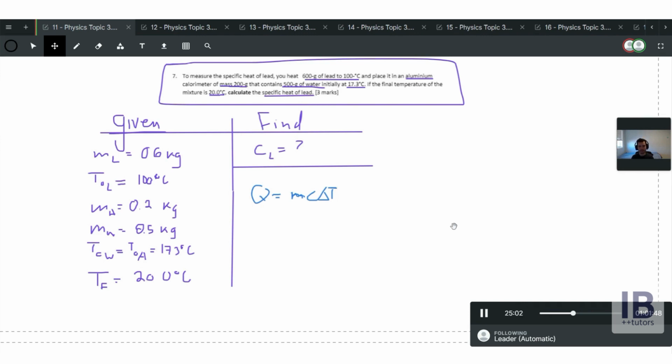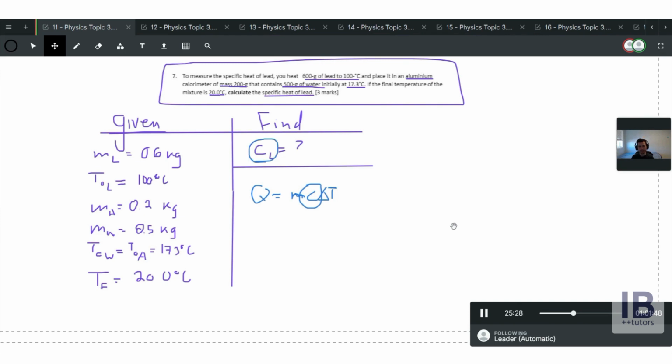Yeah, so CL would be Q, right? CL would be Q? Yeah, so what you're trying to find, CL, that would be Q. Well, let's think about that for a second. Don't we have a C here? How is this C different from this C?